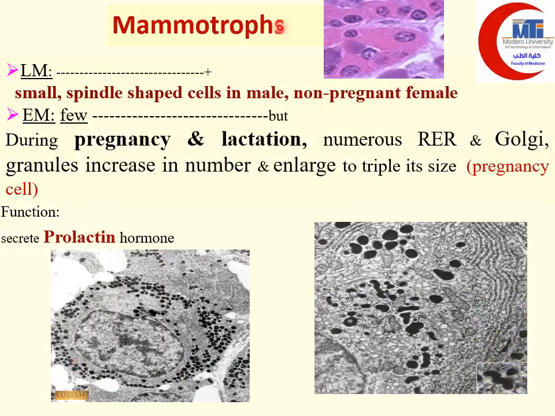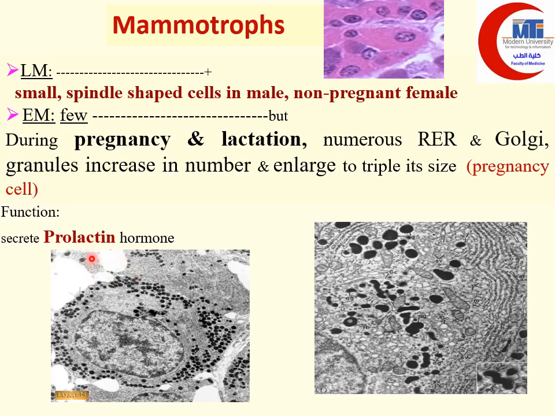Mammotrophs are the second type of acidophils. In light and electron microscopic pictures, they are protein-synthesizing cells, but they appear small and spindle-shaped in males and non-pregnant females. The function of these cells is the secretion of prolactin hormone.